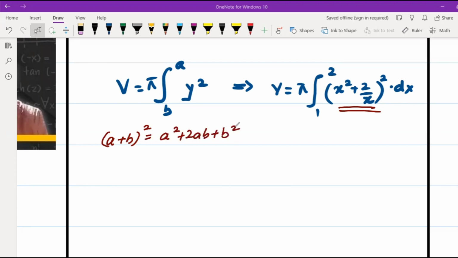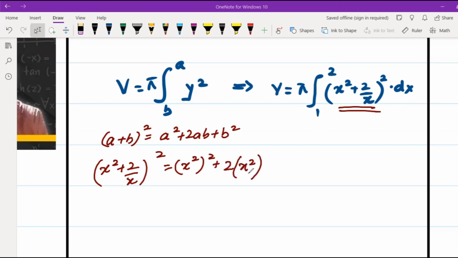That means this will be used through the identity. That means (x square plus 2 upon x) whole square will be used as x square, plus 2 times x square times 2 upon x, plus (2 upon x) whole square.